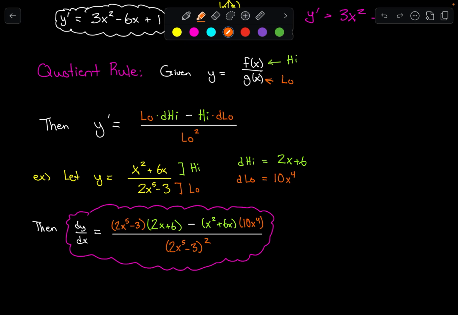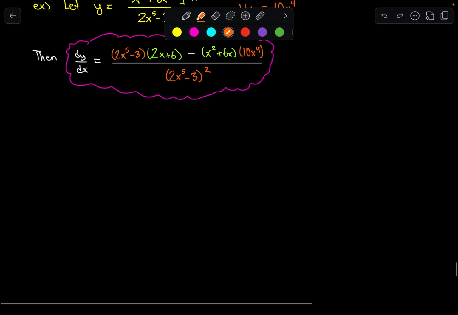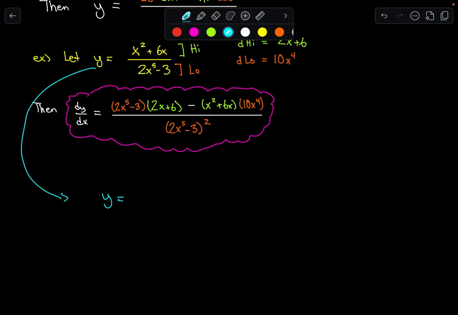And I think this is where I'm going to leave this particular video, just learning these two things. There is a way to avoid the quotient rule sometimes, and unfortunately, you're not going to have all the tools you need to do it until you watch the next video, but I'll give you a sneak preview. Taking this particular function that we had, we had it written as a quotient, x squared plus 6x over 2x to the 5th minus 3.